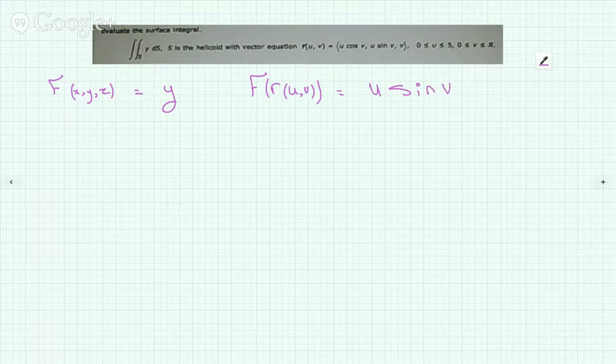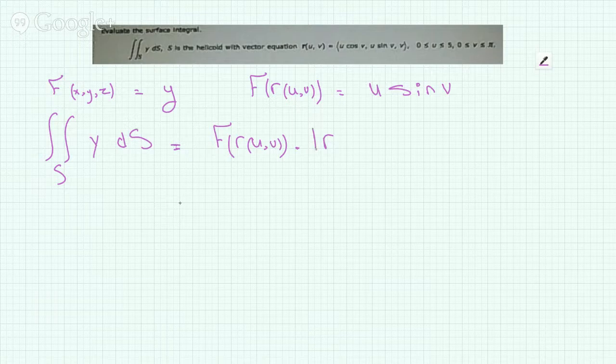And so the surface integral of y dS could be evaluated as f of r(u, v) times dS, and dS is nothing but the magnitude of the cross product of r_u crossed with r_v, the partial derivative of r with respect to u crossed with the partial derivative with respect to v.